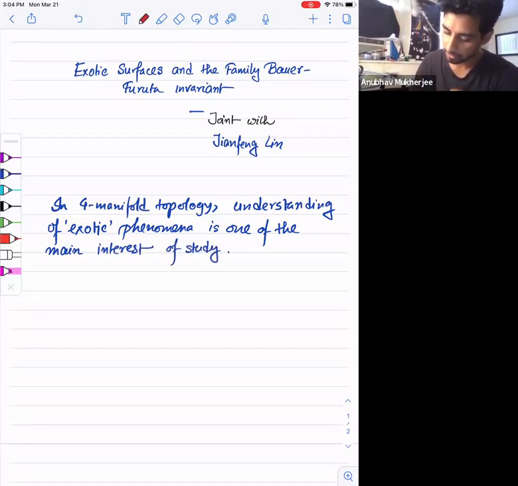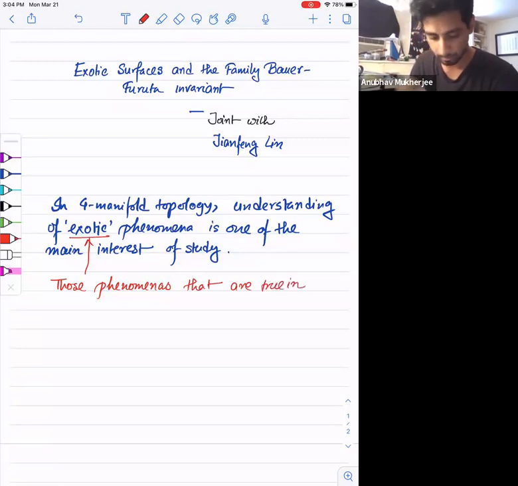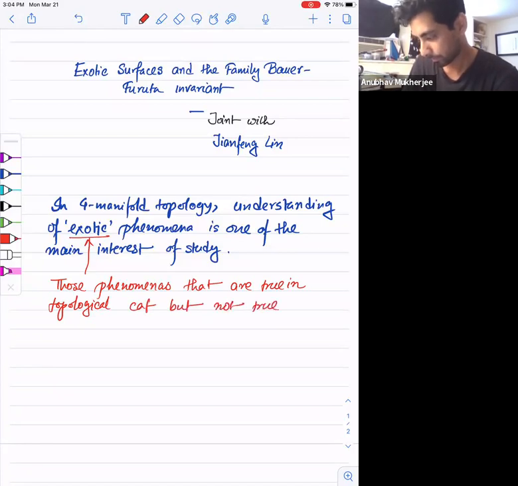I'll define shortly what exotic means here. By exotic, I mean those phenomena that are true in the topological category, but not true in the smooth category.